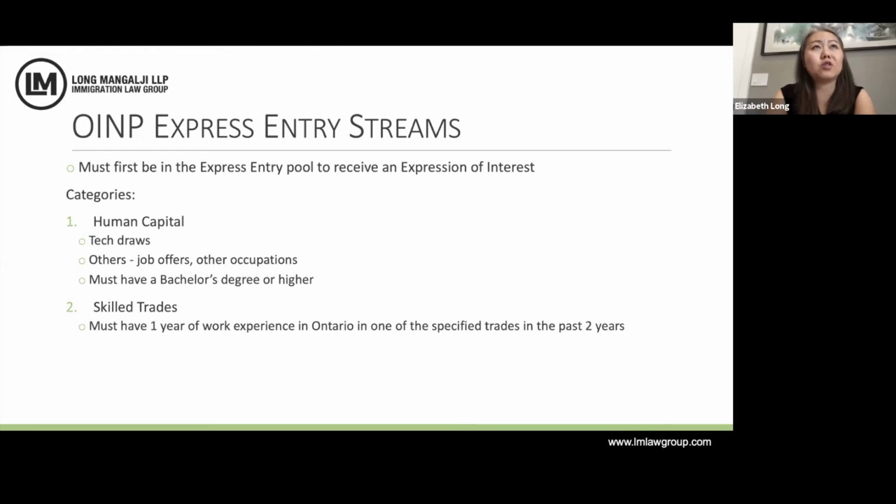Skilled trades. So if you have been in one of the trades, mostly it's the construction trades in Ontario, for at least 1 year in the past 2 years, and trades in the construction, and I think baker as well, and you have at least 1 year of work experience in one of these occupations, then they may invite you to apply with them.